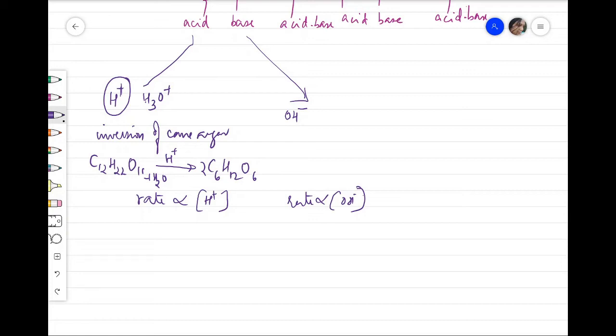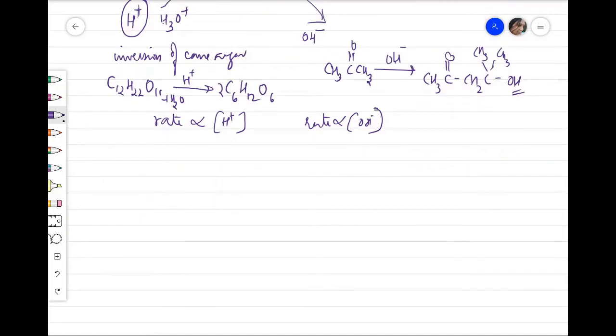CH3COCH3, that is my acetone, catalyzed by OH negative, and you get diacetone. Another example is the decomposition of nitrosotriacetoneamine.